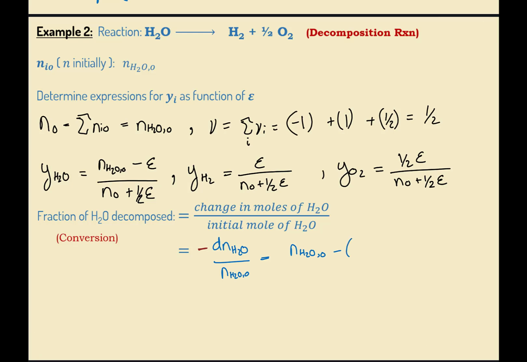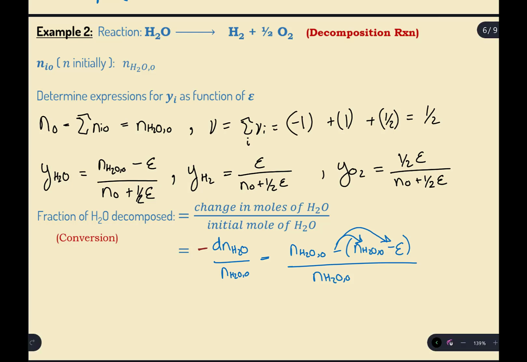So we've got NH2O naught minus epsilon, divided by NH2O naught. This negative multiplied out gives negative NH2O naught, which cancels out with the NH2O naught, and then we're left with simply the reaction coordinate divided by my initial number of moles.